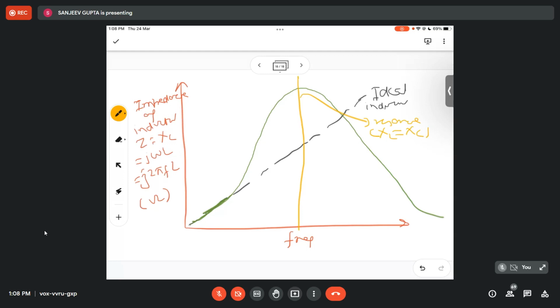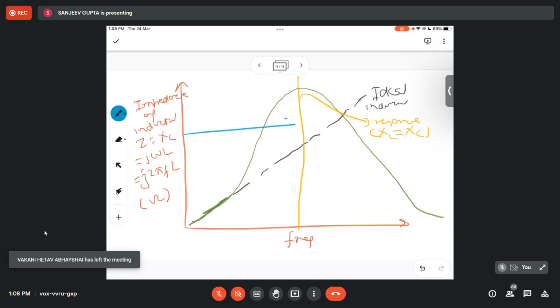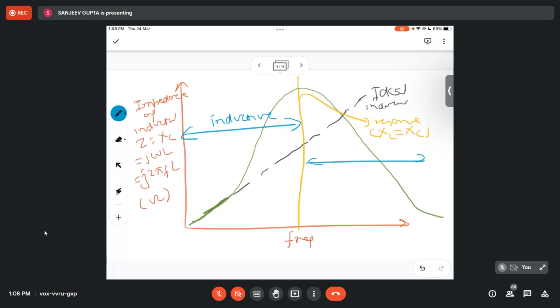In this region, my inductor is behaving like an inductor because it is positive and its impedance is increasing with frequency. But here it is capacitive because the impedance is decreasing with frequency. And today our frequency of interest is this one. Now that is a challenge. Your resistor has almost become a short circuit of very small value, your capacitor has become an inductor, and the inductor has become a capacitor.